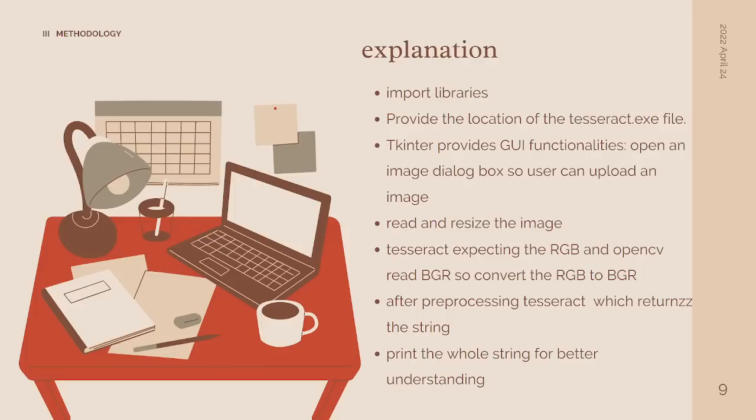After pre-processing is completed, Tesseract returns the string. That means the Tesseract tool automatically extracts the text from that particular image, then returns a string that can be edited and read.